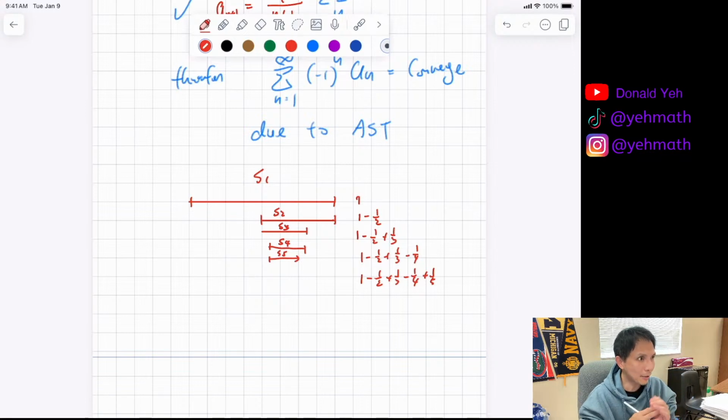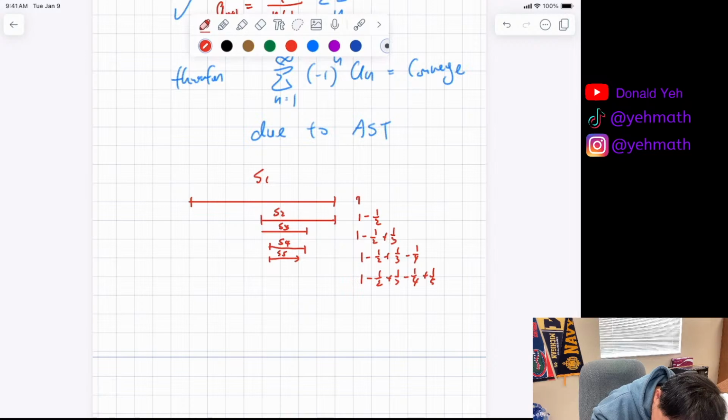Instead of just thinking about adding and subtracting, this is a very important part of thinking because this is going to give you an error. 1 minus 1/2 plus 1/3 minus 1/4 plus 1/5 minus 1/6. So that's going to go back. Does that make sense? And then it's going to go like this, like this, like this.